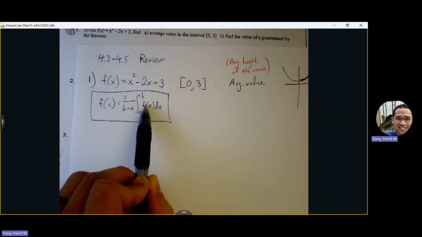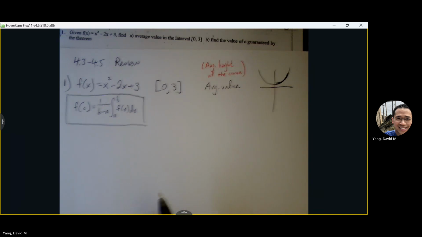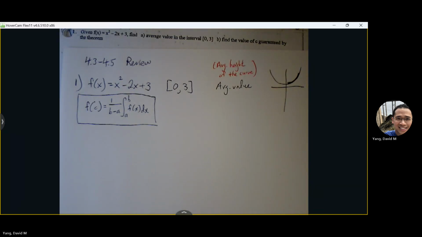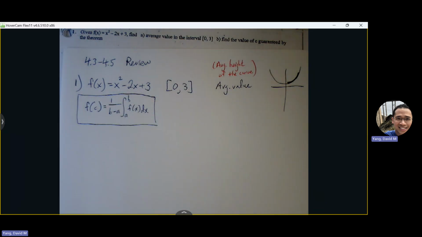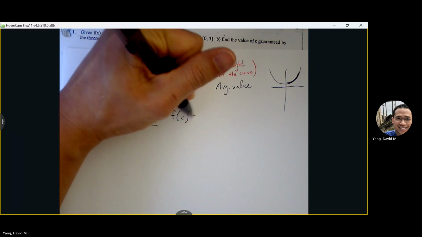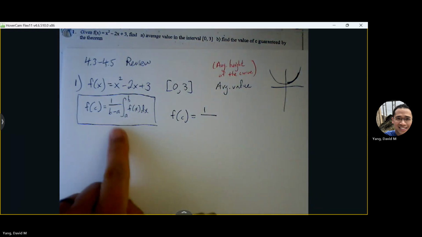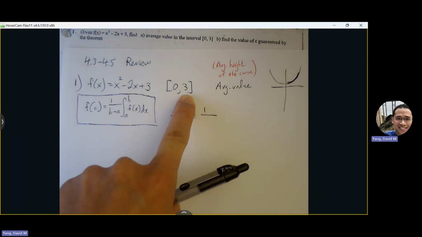So it's area divided by the width that gives you height. First thing is to replace a, b, and f of x with this particular problem. My A value is 0. My B value is 3.